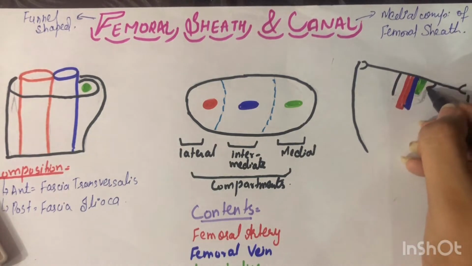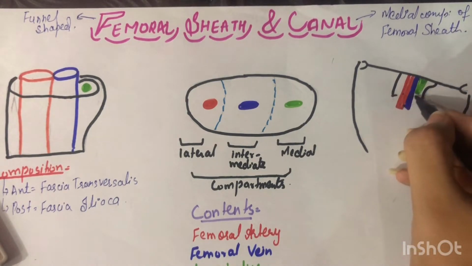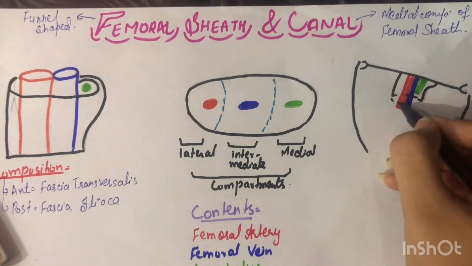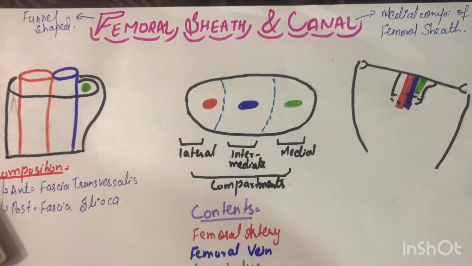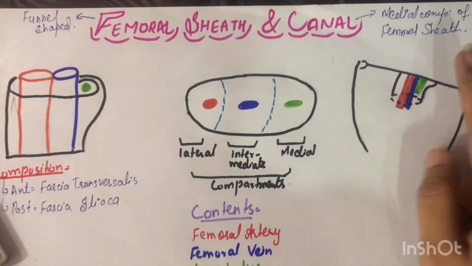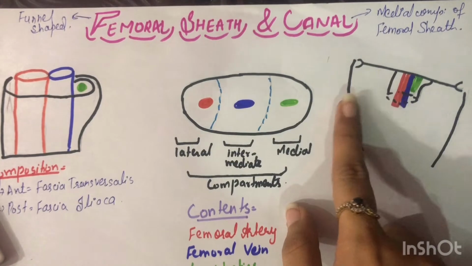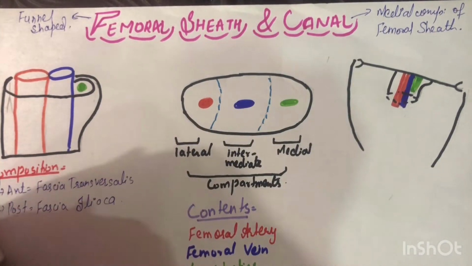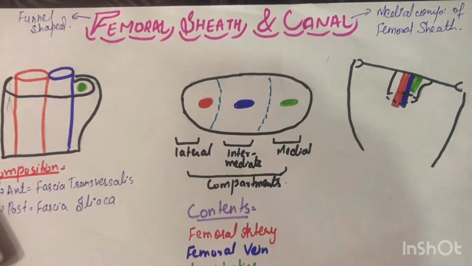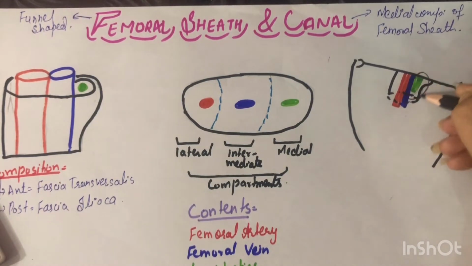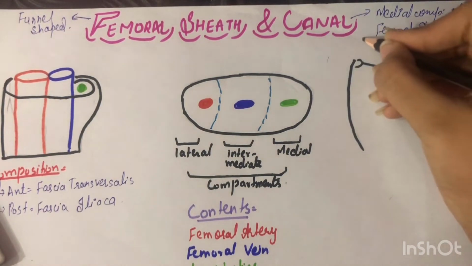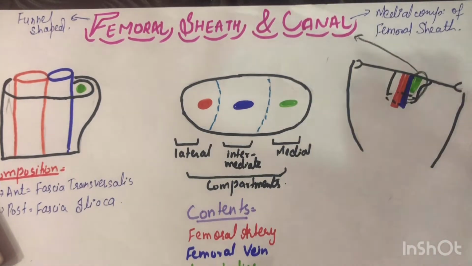This is our femoral sheath, covering up to 3 to 4 centimeter of the femoral vessels, right? So the medial compartment of the femoral sheath is called the femoral canal. Let's highlight this here. This one is our femoral canal, right?